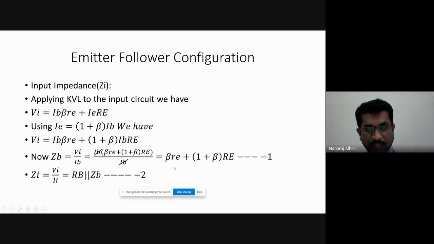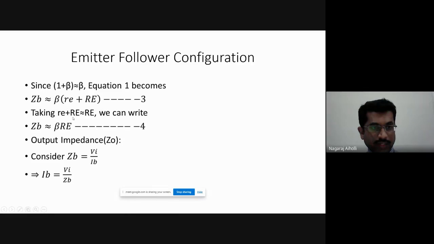Taking beta common, it will be beta into small re plus capital RE. Now small re plus capital RE is approximately equal to capital RE, because the value of capital RE is very much larger than small re. Therefore ZB will become beta into capital RE. So this is the ZB equation.